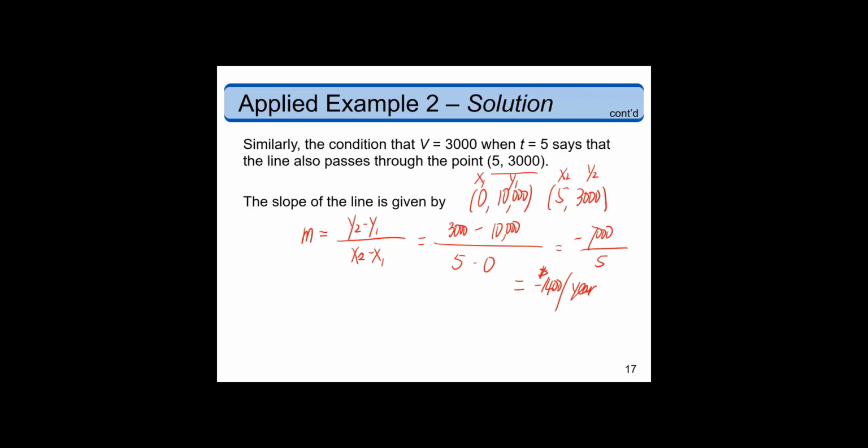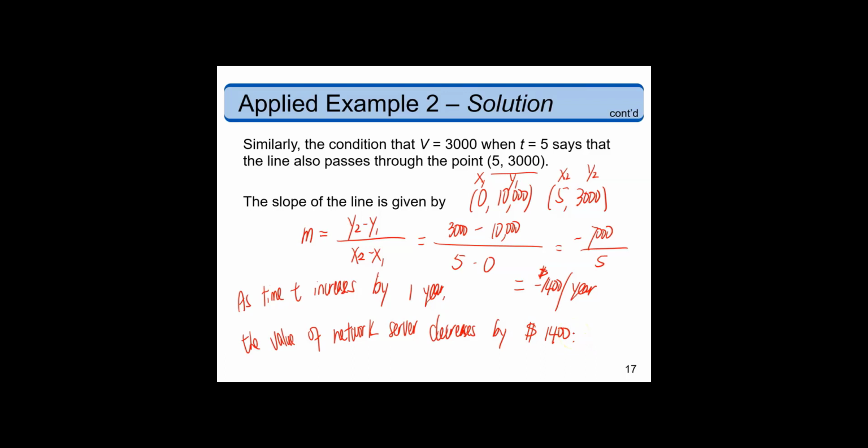This tells us that as time increases by 1 unit, which is 1 year, the value of the network server decreases by $1,400 per year. That's the interpretation of the slope.